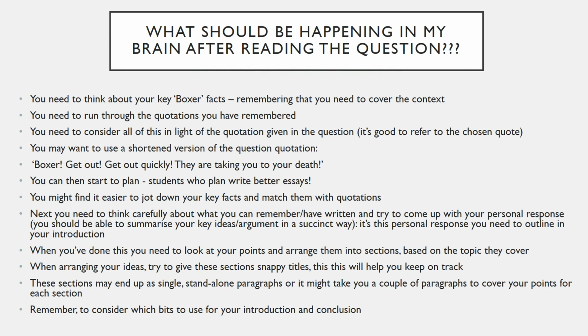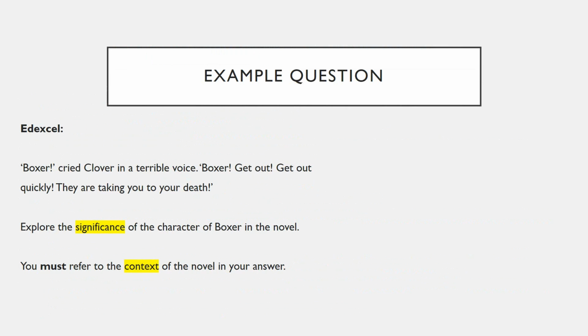Right, so what should be going on in your brain when you first encounter this question? Hopefully there's lots of thoughts whizzing around. What I've noticed is a lot of students have really sound knowledge in terms of the novel itself, but they don't know how to incorporate it into their exam answer.